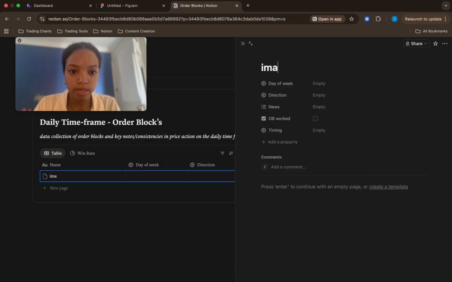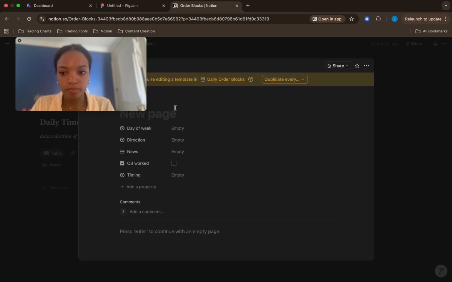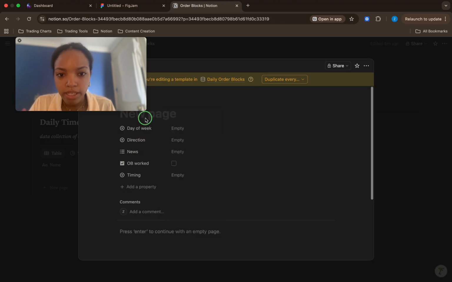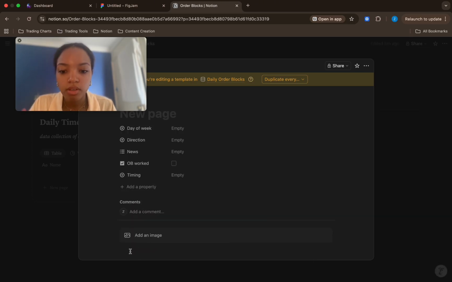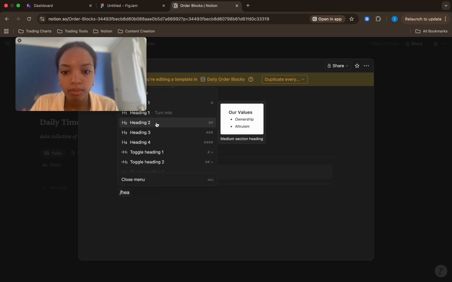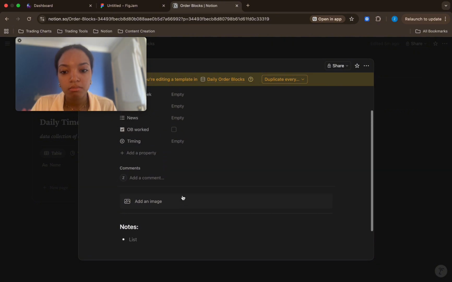What we want to do is have some templates. How do I get a formula? I don't know how to get a formula. I kind of want the title to be like day of whatever. Anyway, we'll have the image, we'll have the divider, a heading, and just the notes, and that's pretty much it.